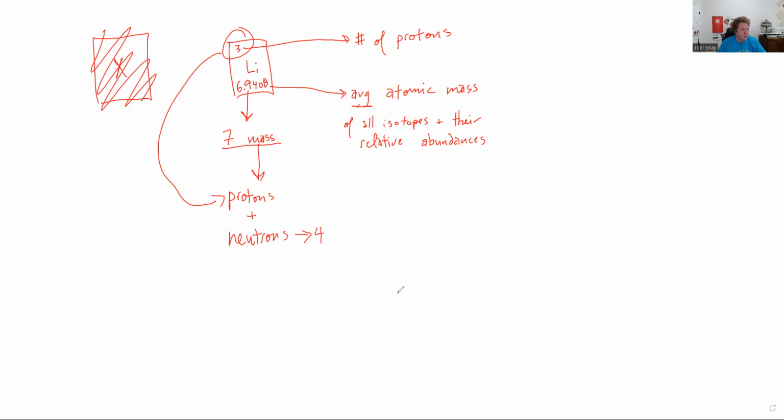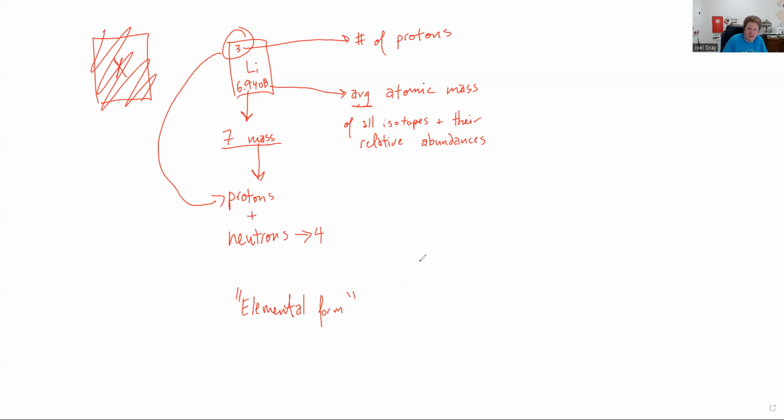Now, in addition to that, whenever you're looking at the periodic table, it's pretty common to say, well, this atom is in its, quote, elemental form. That phrase has significance.